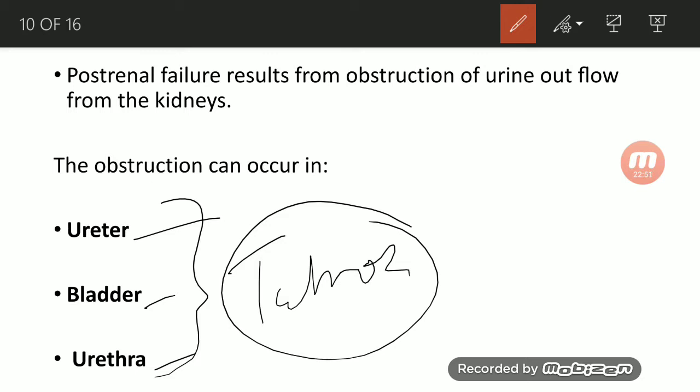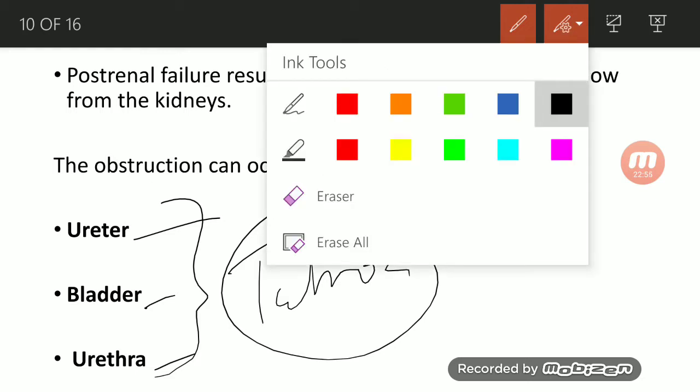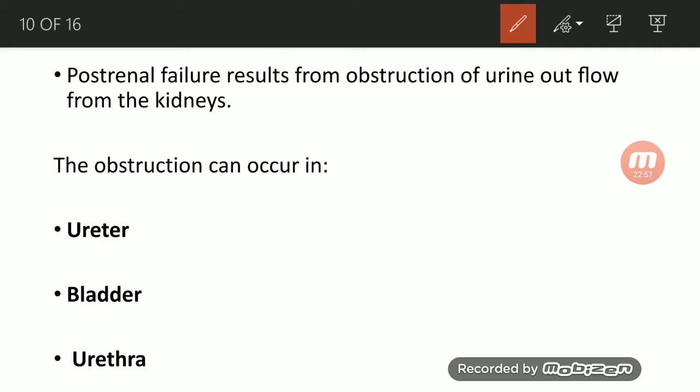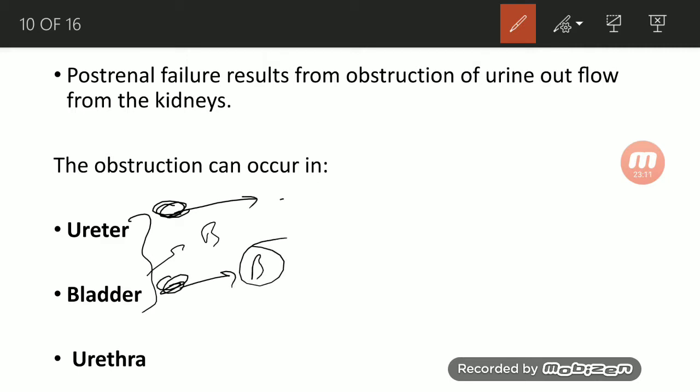Apart from this, kidney stones can lead to blockage in the ureter and the bladder. If there is a stone in your ureter, that can cause obstruction, and in your bladder also it can cause obstruction.